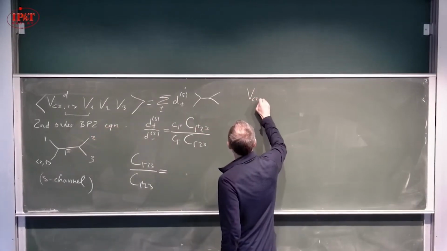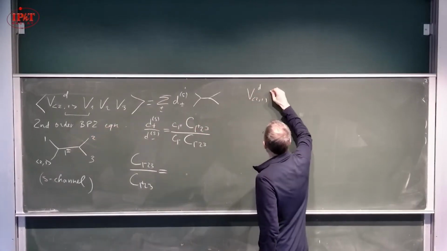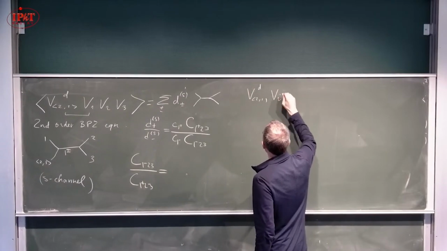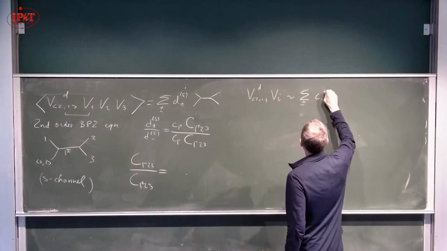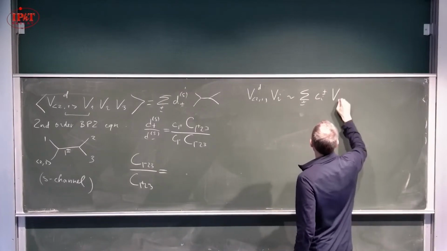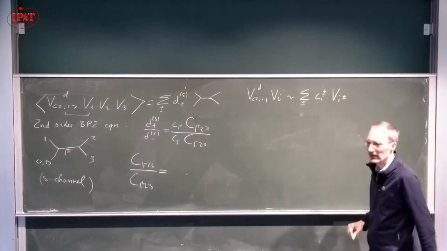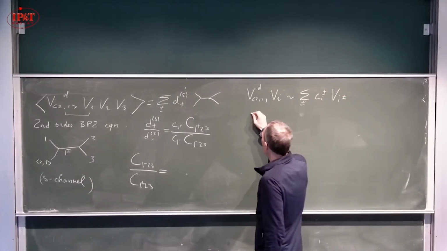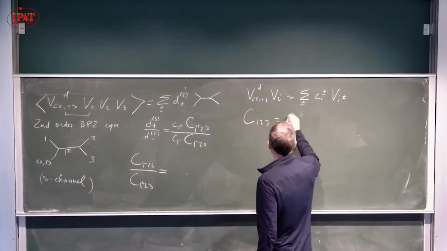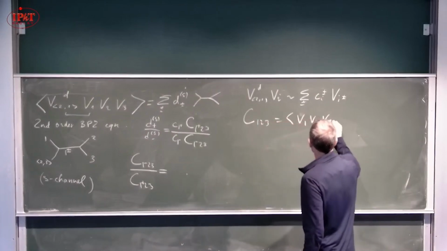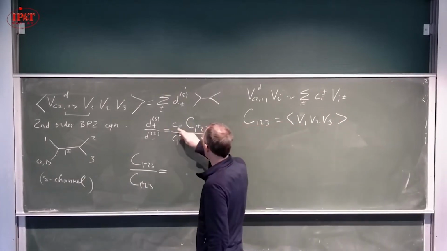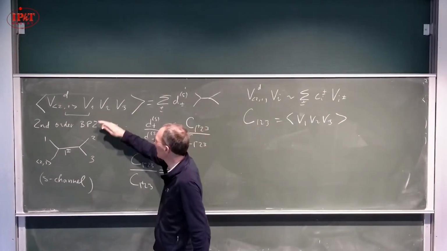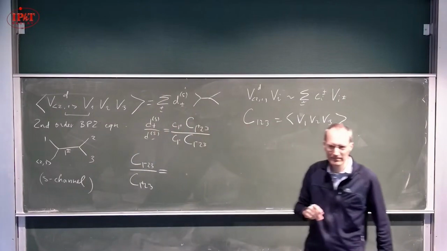So V21 Vi, let's say, is the sum of small ci and Vi plus minus. Big C is basically the 3-point function. And small d is the combination of these two, which appears in this particular 4-point function in this channel.